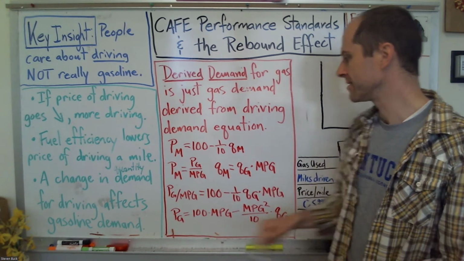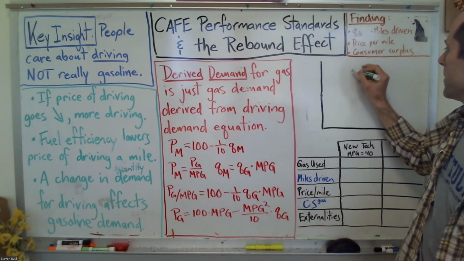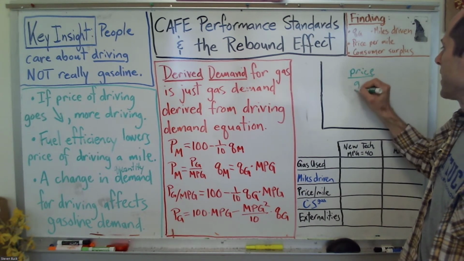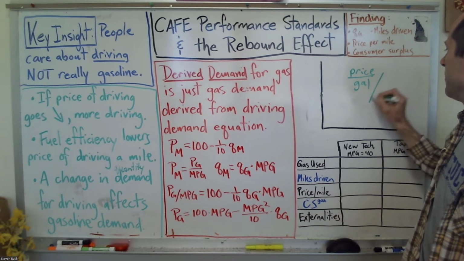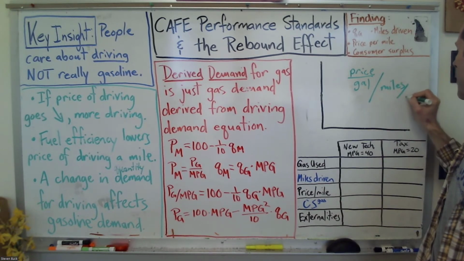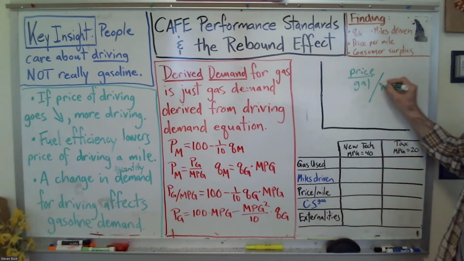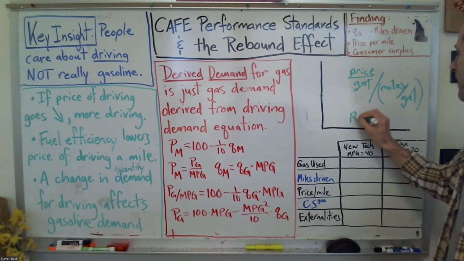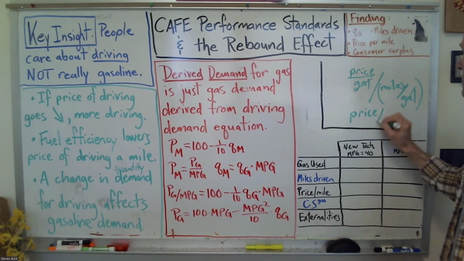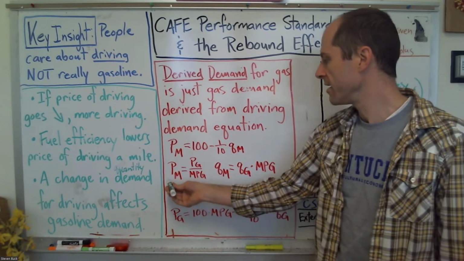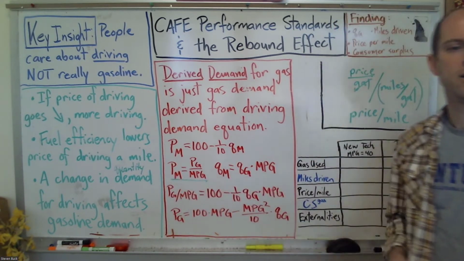This should make sense. Price per gallon divided by miles per gallon. The gallons cancel out and we're left with price per mile. That's why this identity holds.